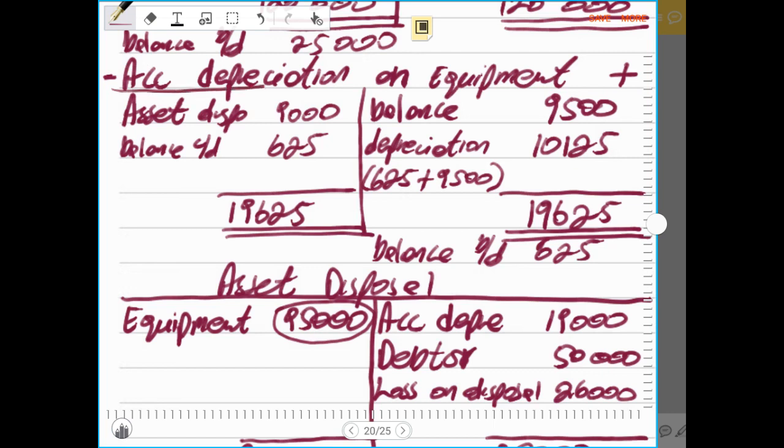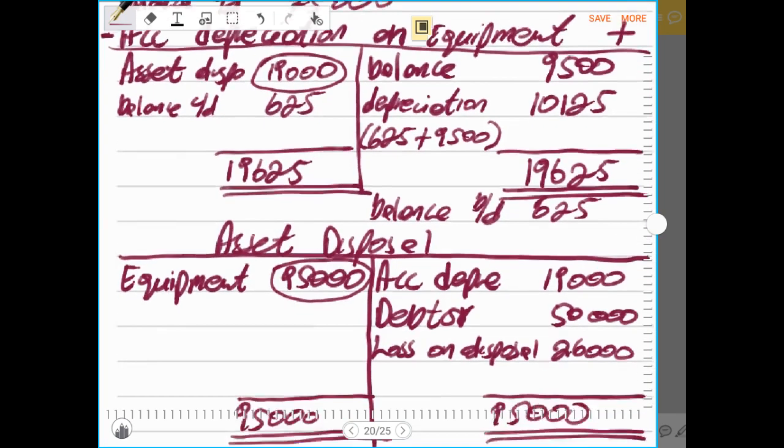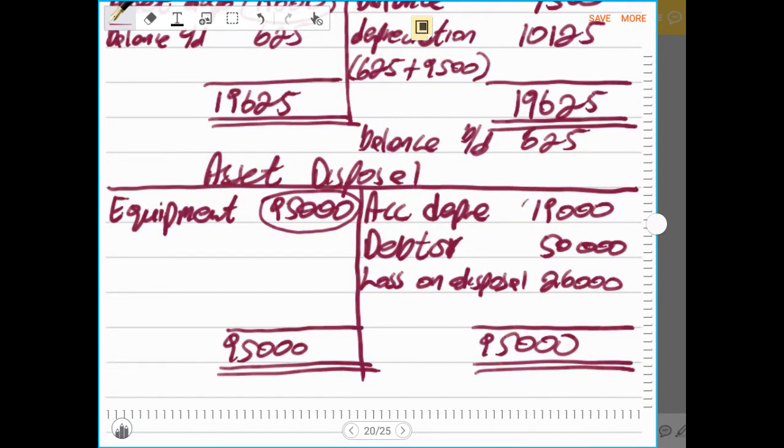I have to record this 19,000 rands, the one on the debit side, and that debit side also appears on the credit side. So now even if I record that one or I record this, it still does not make a difference. Remember, this has already been recorded. So hence I prefer to record it from the ledger account of the asset disposal.